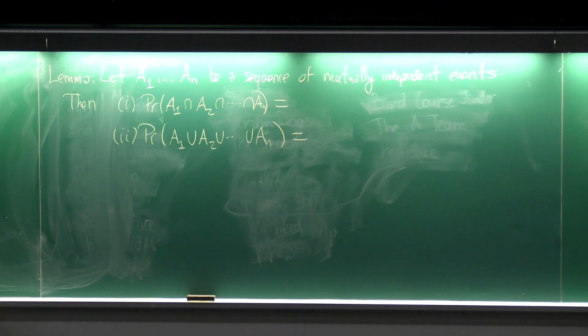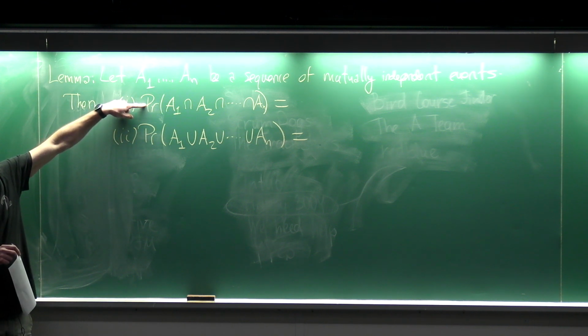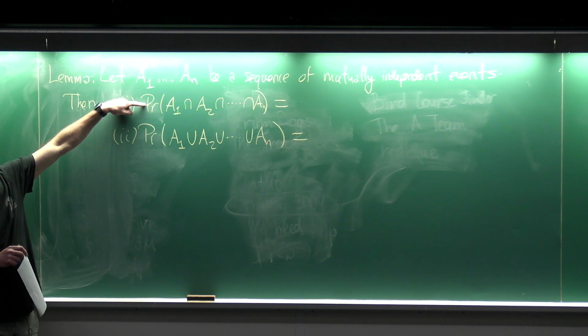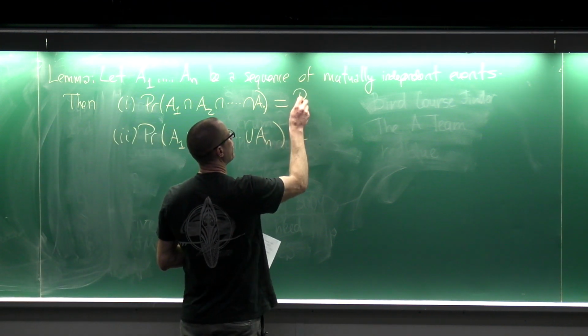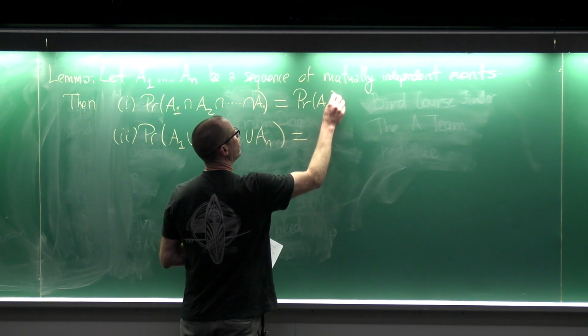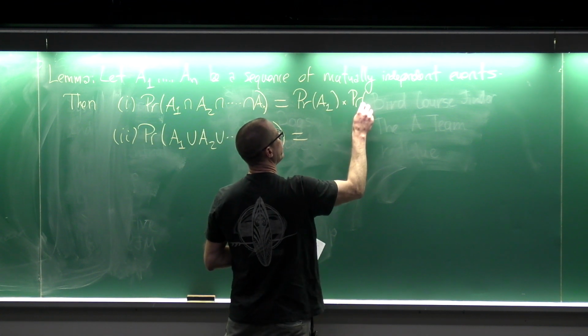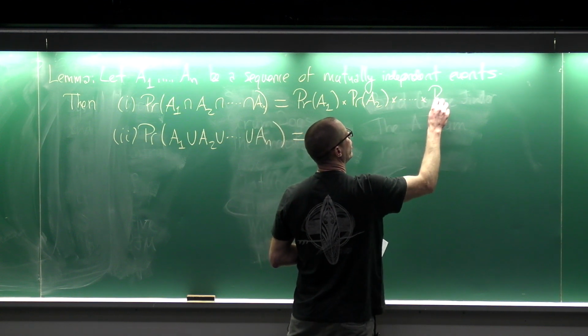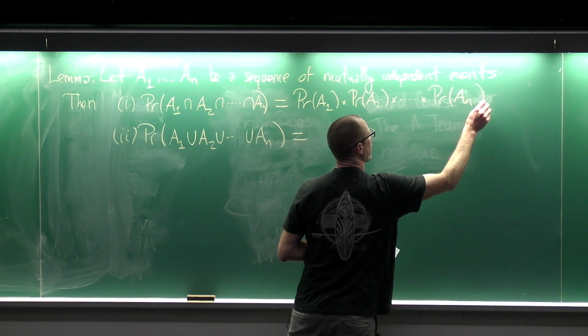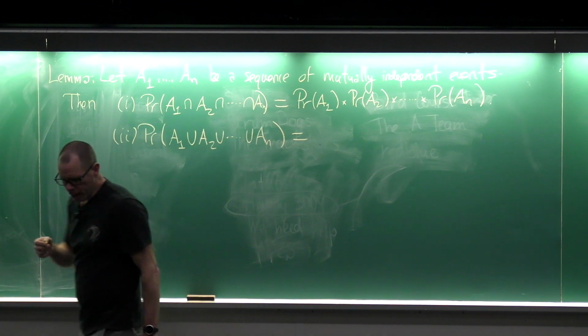A1 through An are a sequence of mutually independent events. What's the probability of A1 and A2 and A3 and so on up to An? It's just going to be the probability of A1 times the probability of A2 and so on, times the probability of An. Why is that?